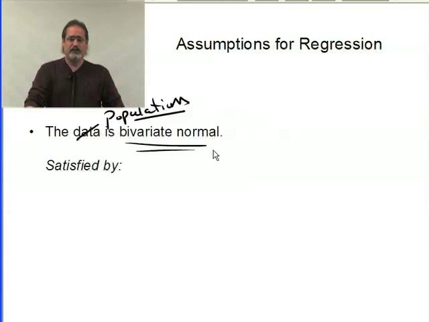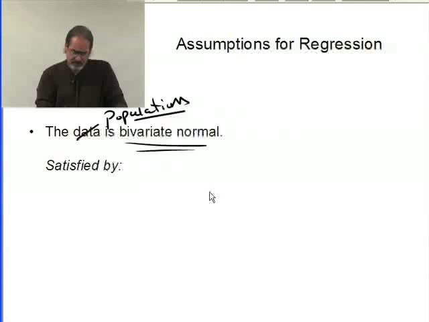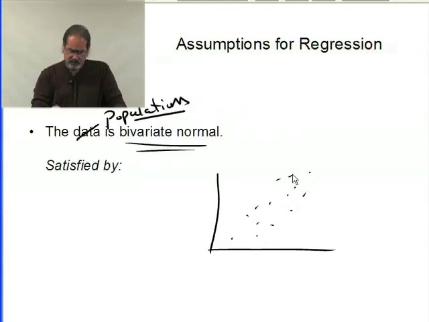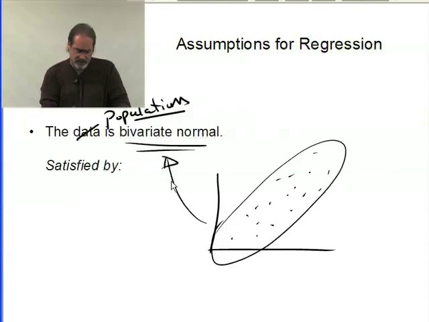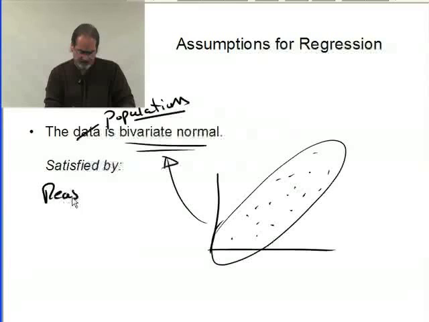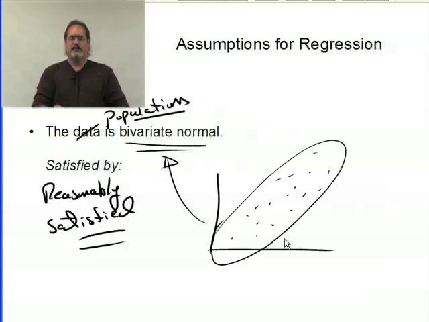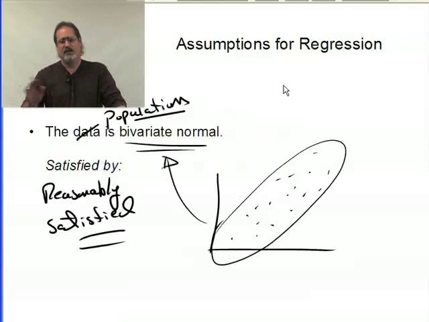So what we have found as a good rule of thumb is if we do a scatter plot, and what we see in the scatter plot is something that looks like it has a linear trend, then this idea of bivariate normality is reasonably satisfied. If the scatter plot has a linear trend to it. So if you see something that's curved, something that you'd use Spearman's on, right now it's all over. You wouldn't do any type of regression on it because we're sticking to the idea of simple linear regression.